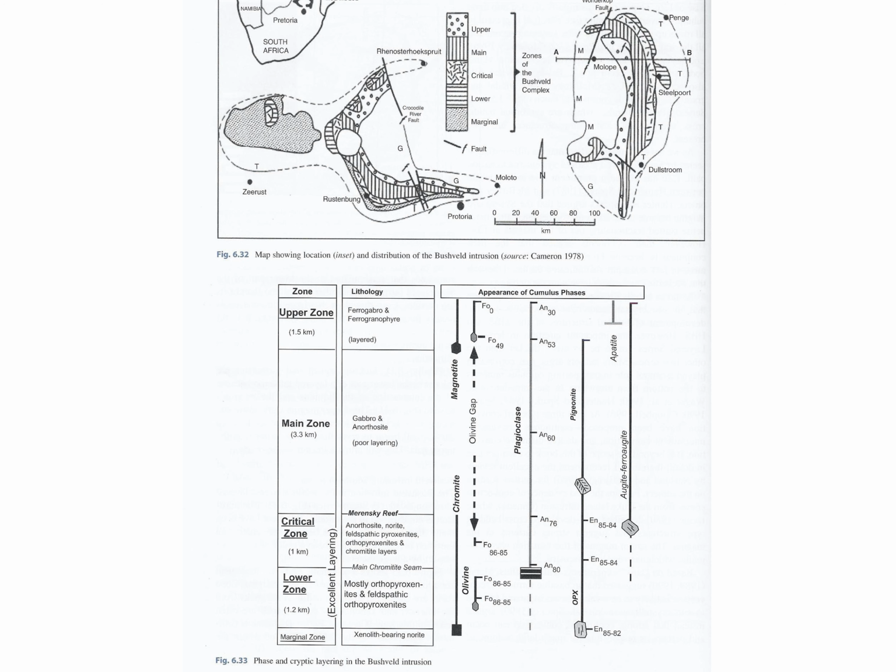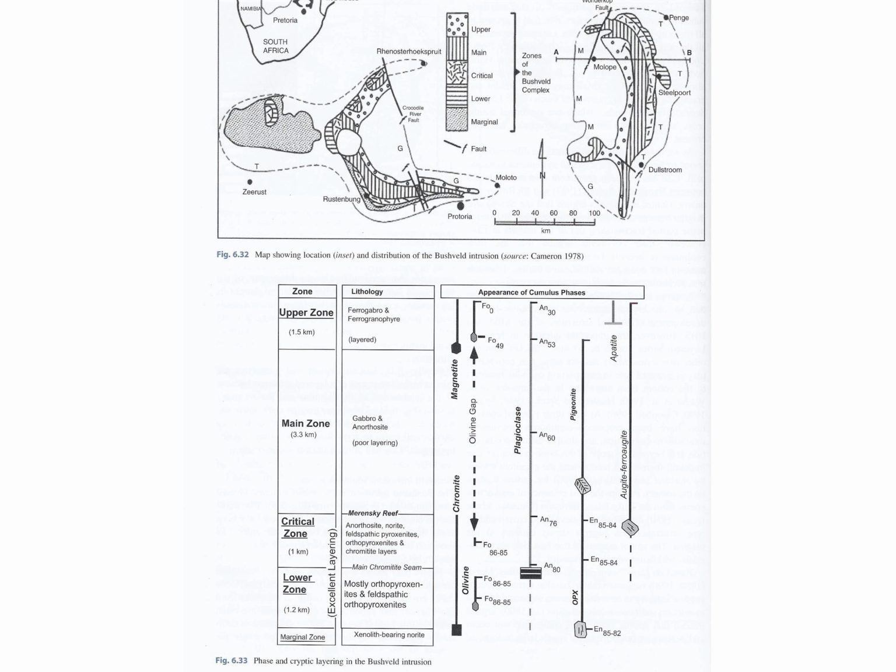So then we have the plagioclases, varying also extremely in their chemistry. From the upper zone we have plagioclases ranging from anorthite 30 to anorthite 53, going over to a plagioclase of anorthite 60 in the main zone. And in the critical zone we have a plagioclase with an anorthite component of 76 to 80.